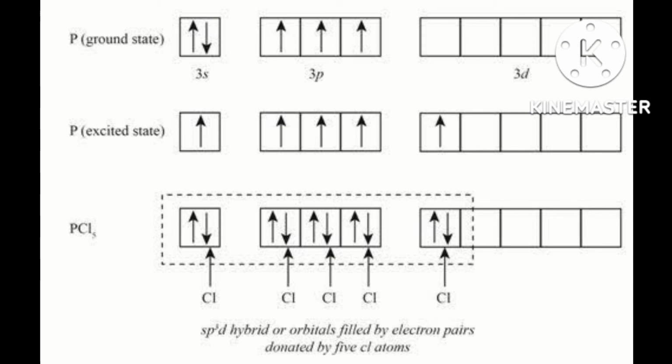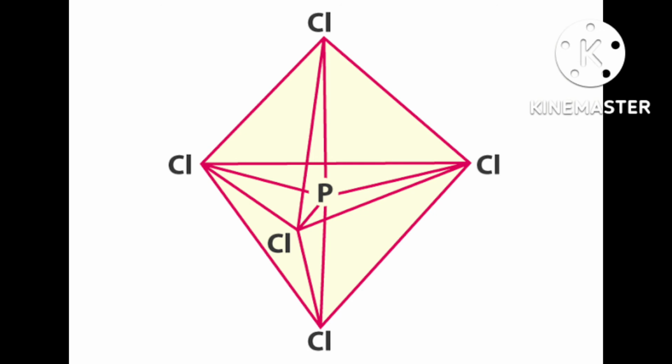Then d2sp3 means 2d, 1s, 3p, and the shape will be octahedral. Examples are SF6, sulfur hexafluoride, or CrF6 3 minus, in the form of an ion.